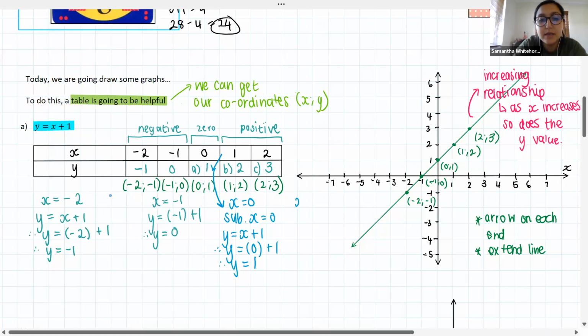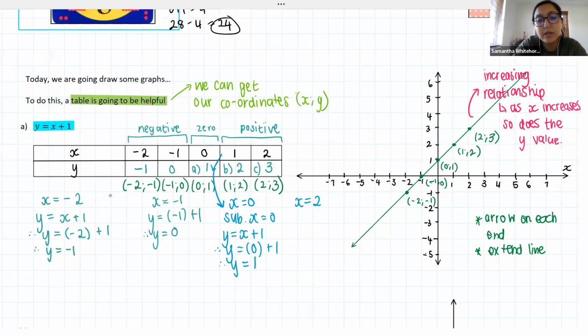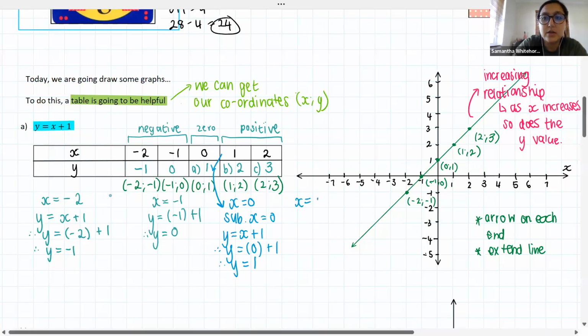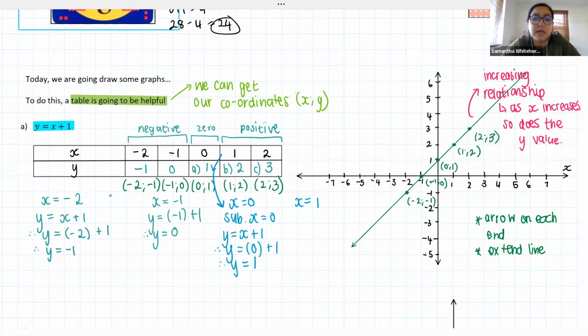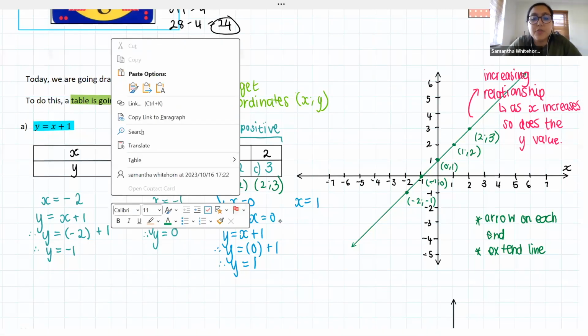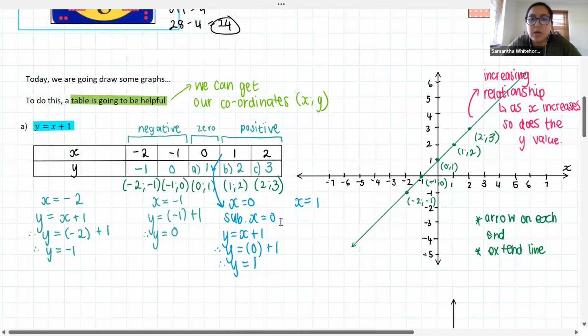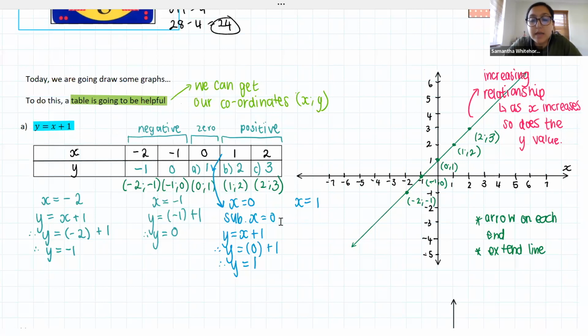So quickly for B, now my X value is 1. Okay, grade 8, I'm explaining the entire question right now. So those of you who are saying, I'm stuck, I don't understand, you should be listening to my explanation right now because I'm explaining it. Now, if you're still stuck, then absolutely ask the question. But I'm going through how we've calculated these outputs and how we've now plotted them. We have technically done all of this work already.